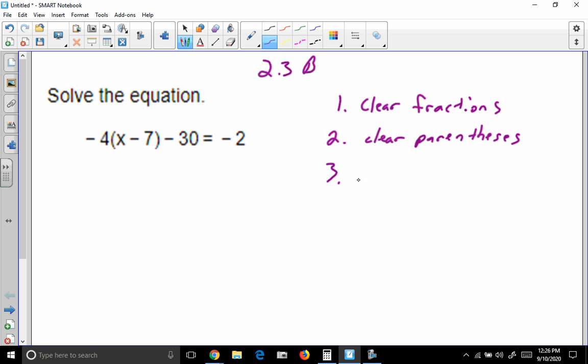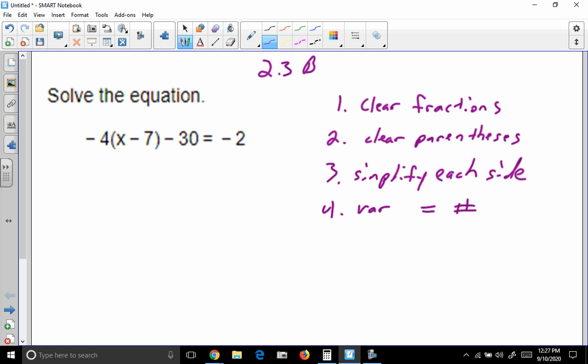Then we want to simplify each side. So if there are like terms and so forth, if there are any operations that we can apply on each individual side, we want to simplify them. And then we want to get our variables on one side and our numbers on the other side.